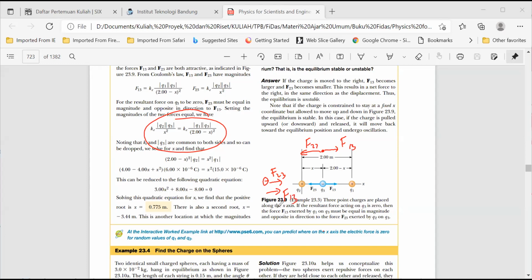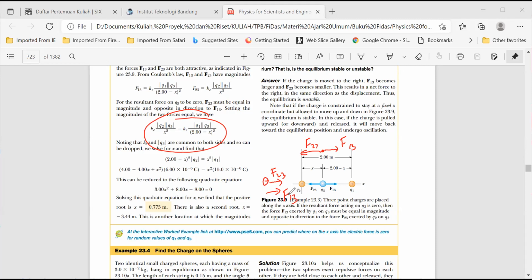Is it possible? In this case, no, because F23 and F13 have the same direction, so the resultant of these 2 forces cannot be 0.